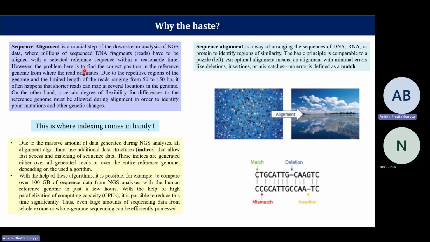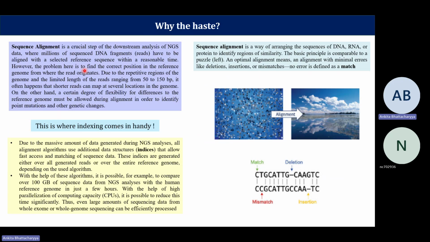Because certain regions of the genome are quite repetitive, and your read length usually ranges from around 50 to 150 base pairs, on average around 100. As a result, a read might find complementarity in a large number of repetitive regions, and that can affect your results. So this is one more bottleneck.